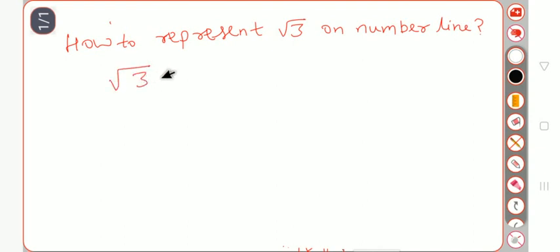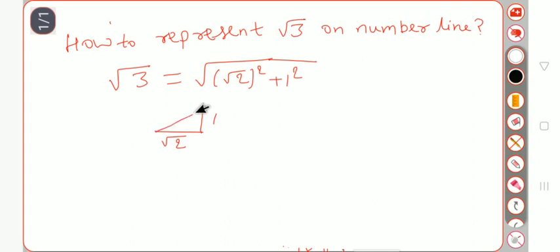We can get root 3 as root 2 square plus 1 square. In last video I have explained, suppose we take this as 1 unit and this as root 2 unit, then this line will be equal to root 3. How? By Pythagoras theorem.